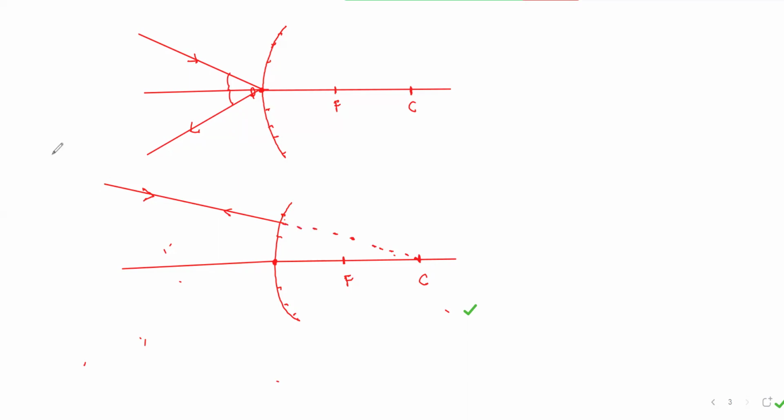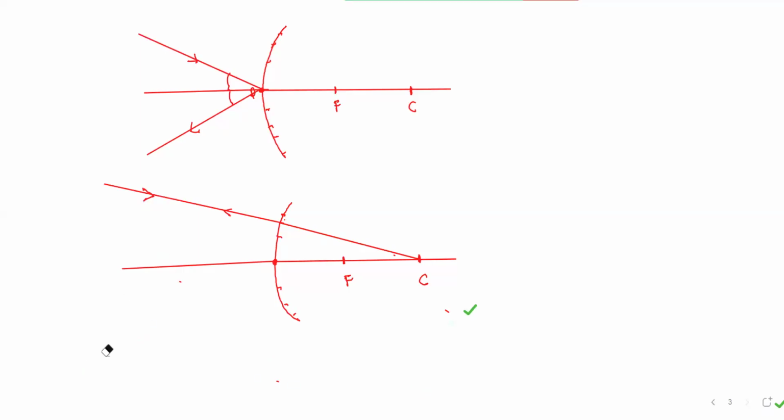Okay, now let me use my solid line. Else it will compromise the neatness of the ray diagram. So this is the fourth rule. This is how the fourth rule also works for convex mirrors.